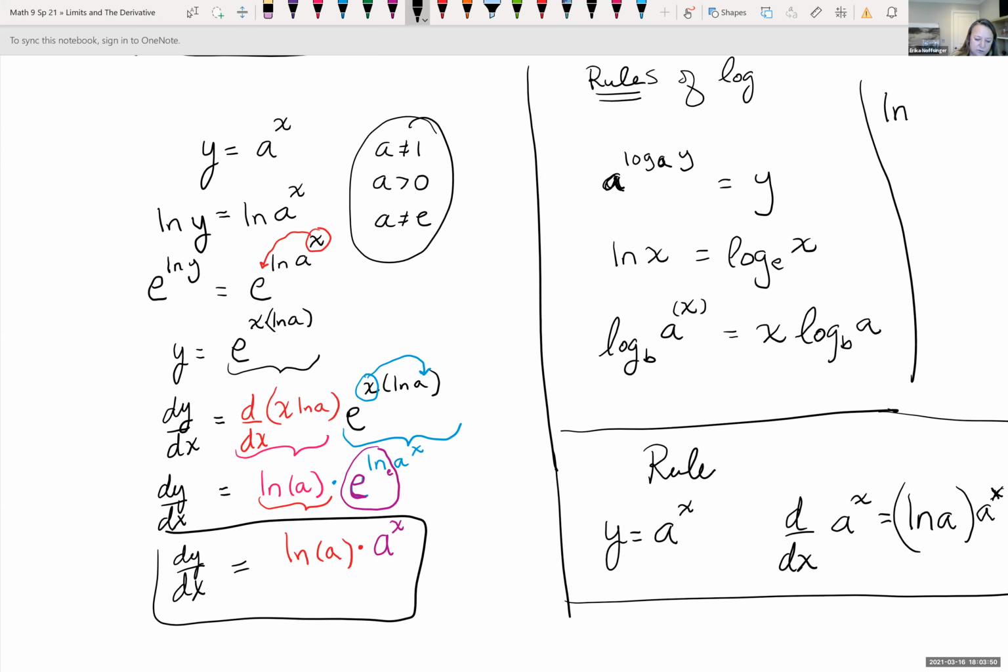If it was e, well, the natural log of e, if you remember rules of logs, is log base e of e. This is saying e to what exponent gives me back e? Well, my exponent would have to be 1 to get back e.